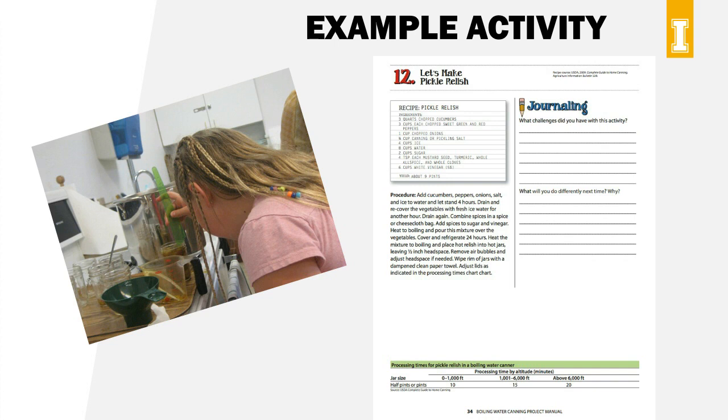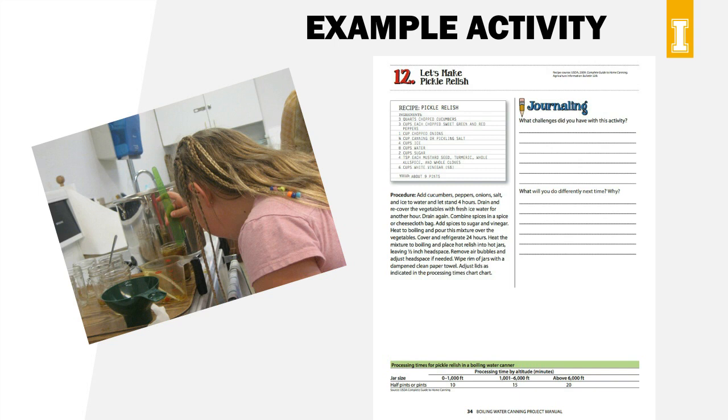Most of the resources used for these recipes was the USDA Complete Guide to Home Canning. The reason I used that publication for the most part was because I liked the table format for the elevation adjustment, just so that it was a little bit easier to read and user-friendly for the youth as well as the adults using the curriculum.